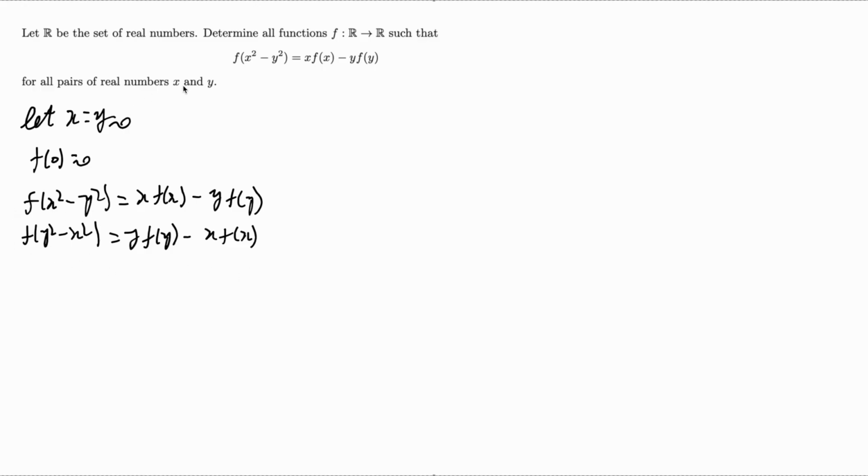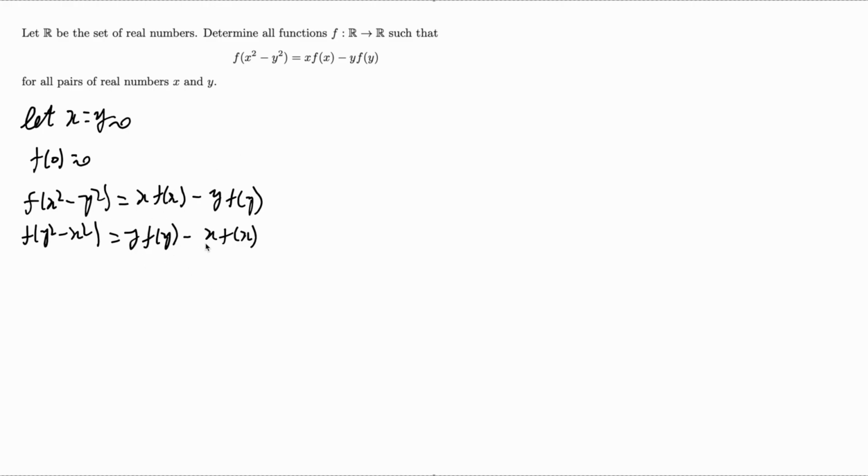Because x and y have the same boundaries, every time we substitute a and b here, we can also substitute b and a here, and that will lead to the same equation right here. So the first one and the second one will always work. That means these are all true.